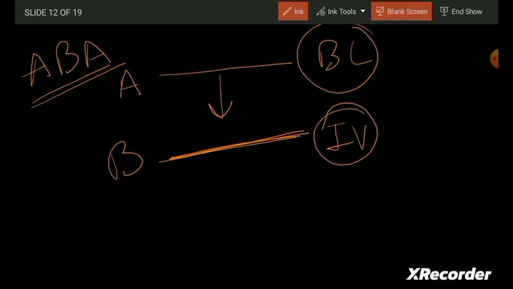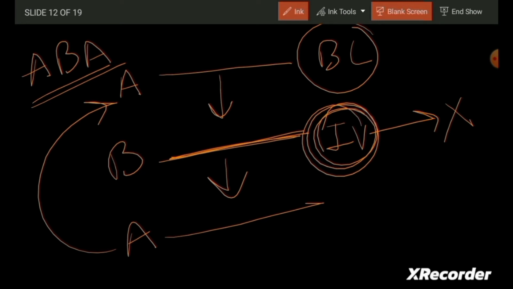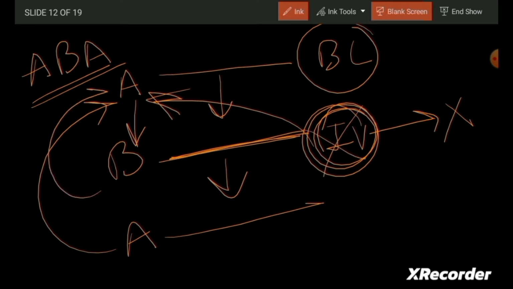Now if this independent variable is removed, then the behavior or the results should return to A. That means the independent variable changed the behavior or the result from A to B. When it is removed, then it automatically changes back from B to A. That is what it means with the A, B, A method.